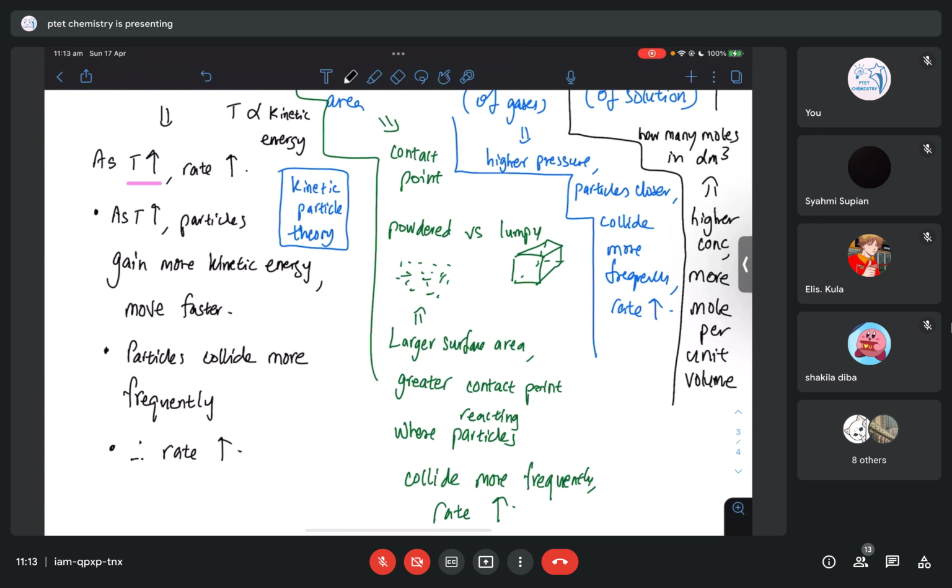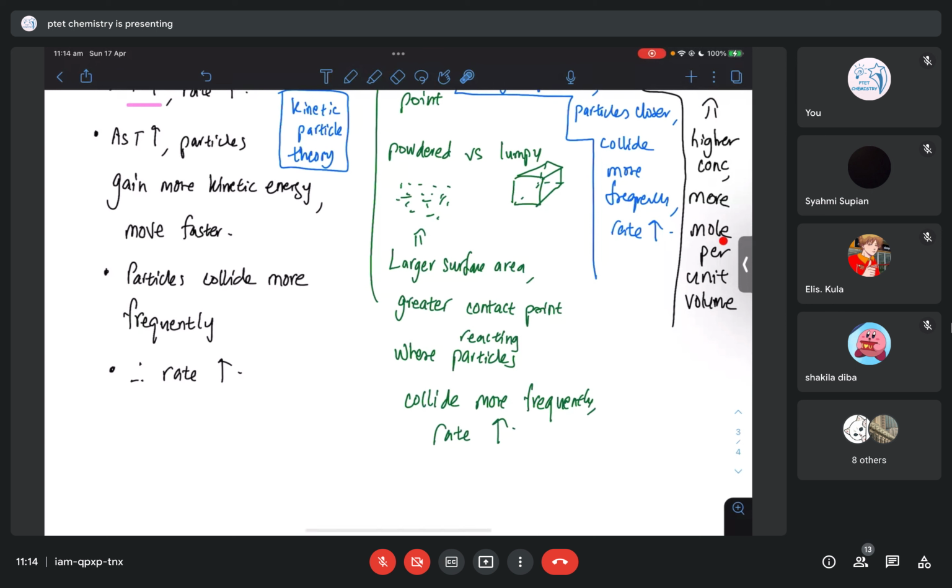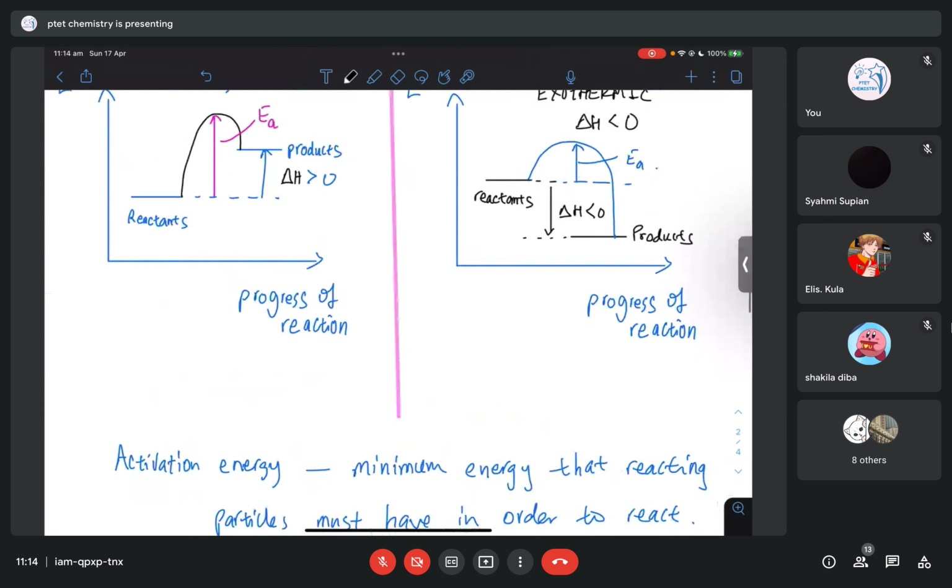If there are more moles per unit volume, that means there are more molecules per unit volume, because you can relate the number of moles to the number of particles. That was from your mole concept. So if you have more particles per unit volume, they will collide more frequently. And if they collide more frequently, your rate of reaction is going to increase definitely. Okay, just in general, those are the explanations.